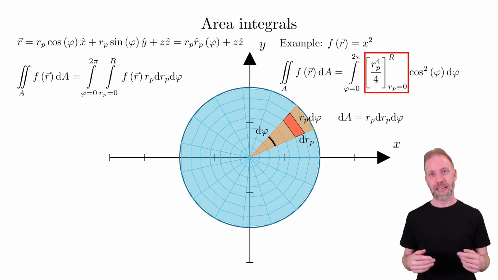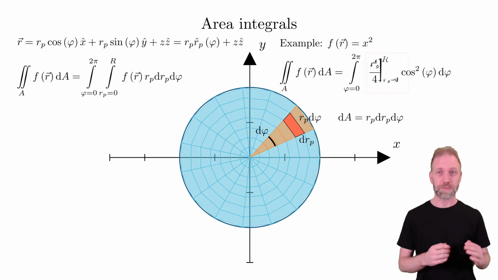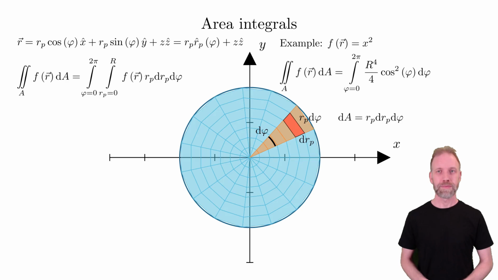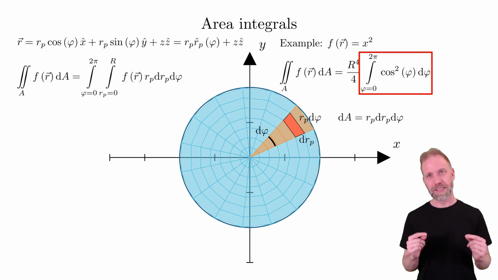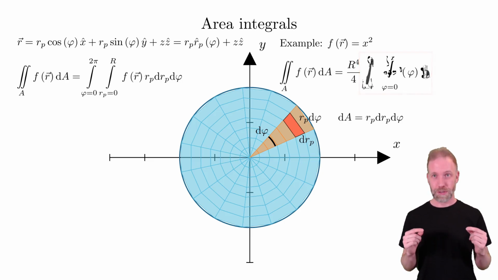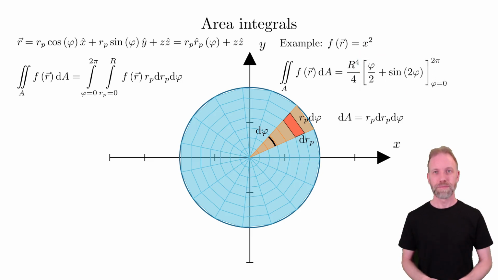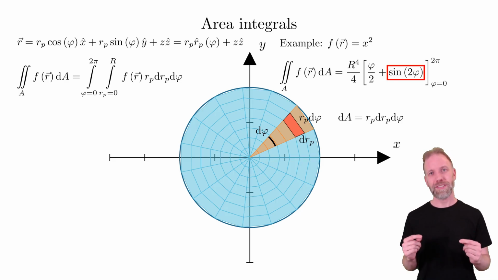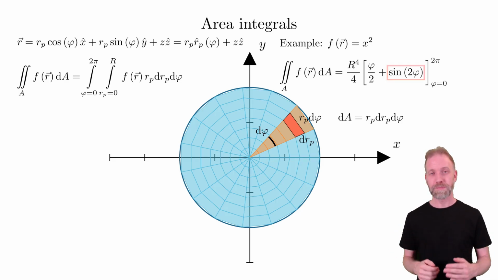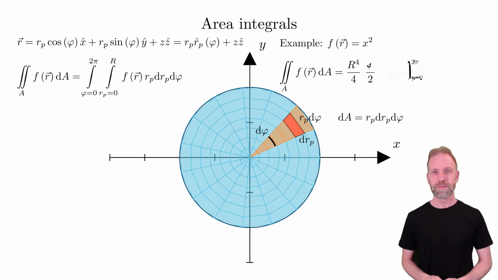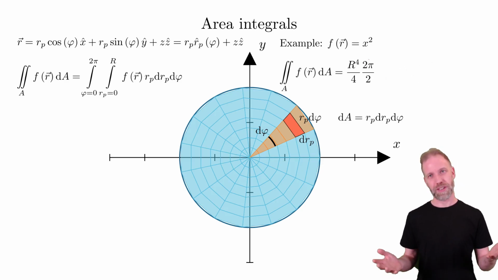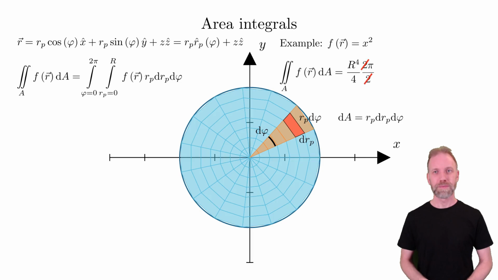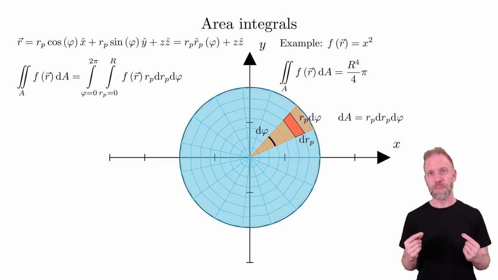Insert the limits and place the constants in front of the integral. This has the primitive function phi over 2 plus sine 2 phi. Sine 2 phi will be cancelled when we insert the limits and simplify the results. This is the answer to our example of an integral of a circle in polar coordinates.